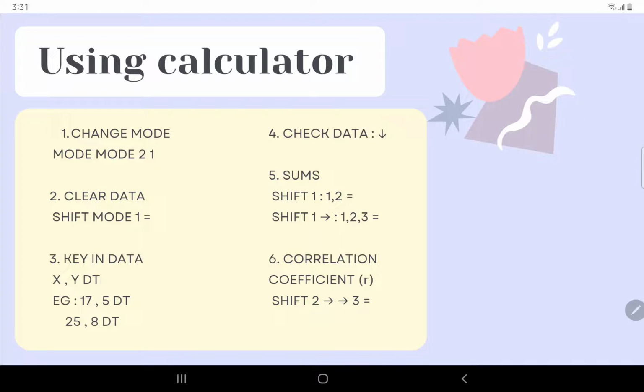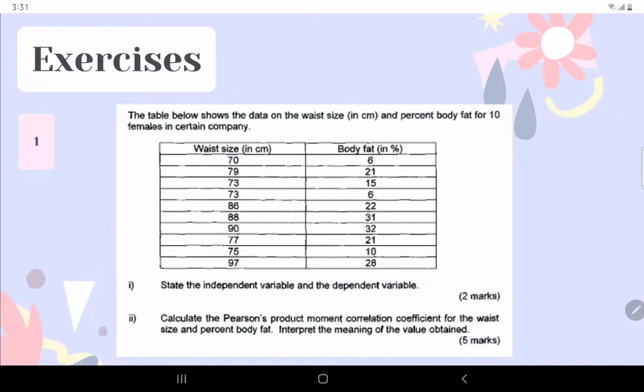Okay, exercise ni question number 1 until number 8 rasanya saya nak bagi awak sebagai homework untuk dibincangkan dalam tutorial class.